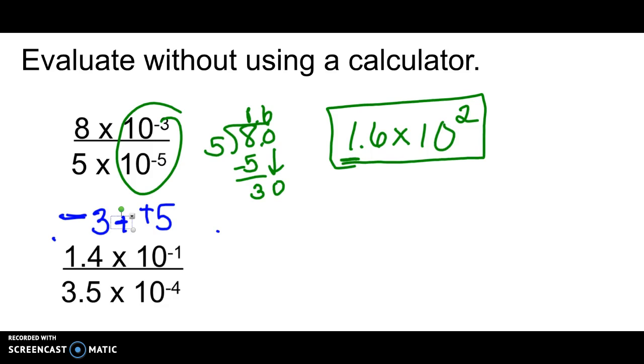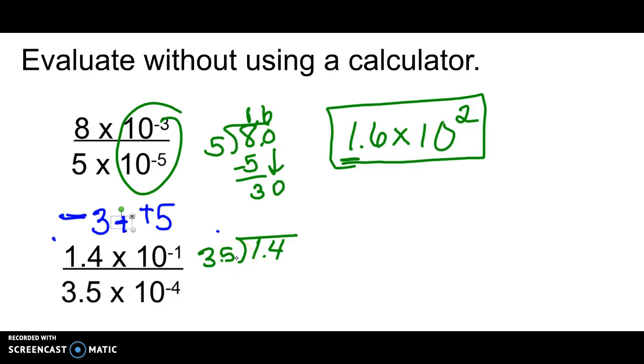Let's look at the next problem. 1.4 divided by 3.5. Now you have to remember how to divide decimals because you cannot use a calculator on this. So 1.4 goes in the house, 3.5 goes on the outside.